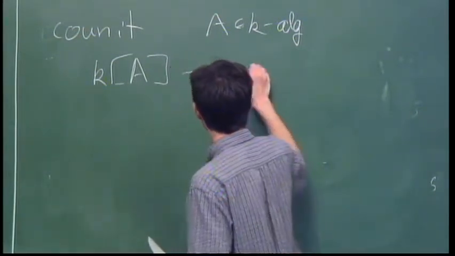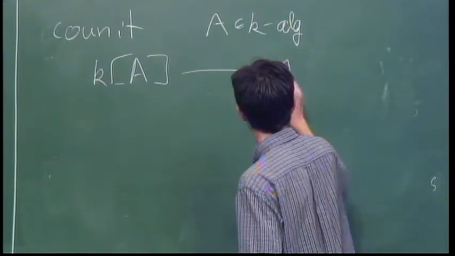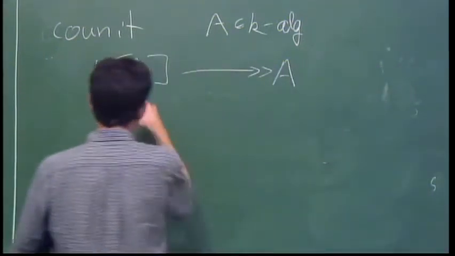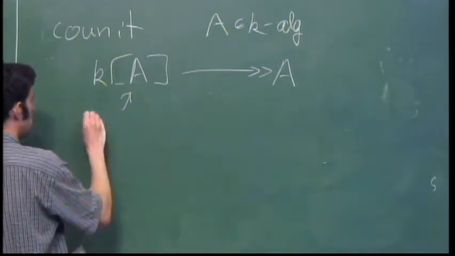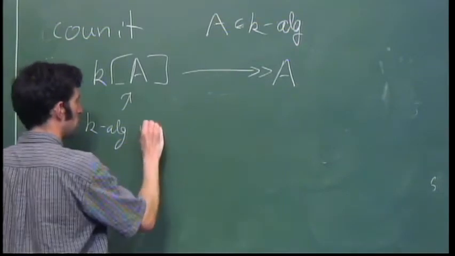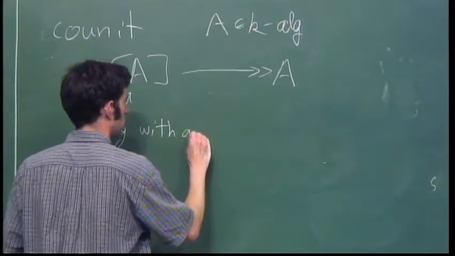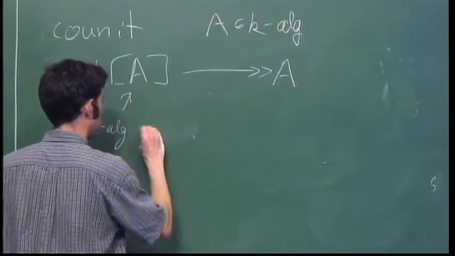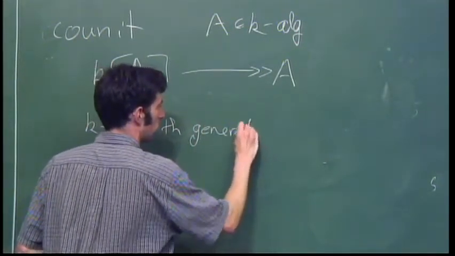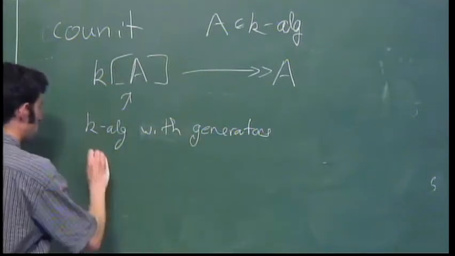And there's a map which is a surjection, it turns out, down to A. This thing K adjoin A, this is the K algebra with generators.